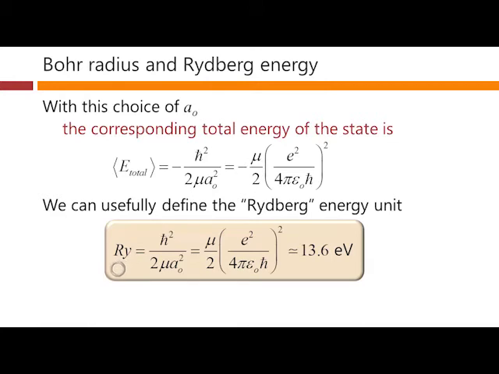It's written with the characters capital R, small y, and its magnitude is approximately 13.6 electron volts. And in that case, the energy of the hydrogen atom in what we presume is its lowest state would be minus 1 Rydberg, or minus 13.6 electron volts.